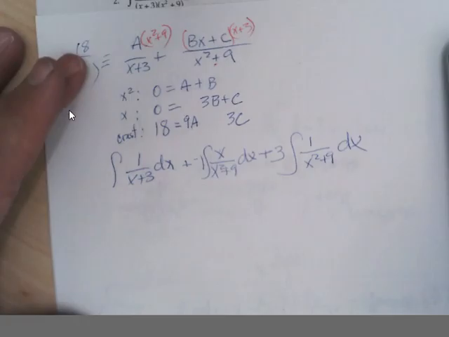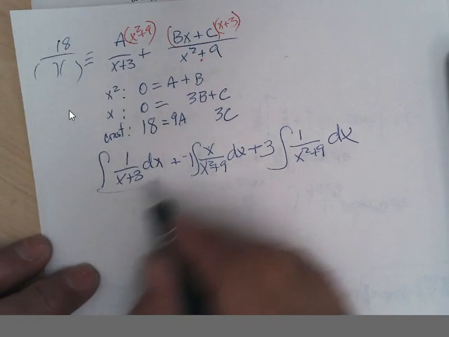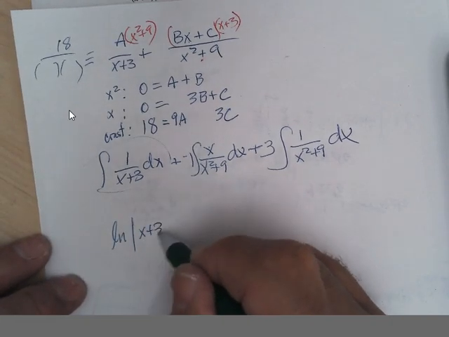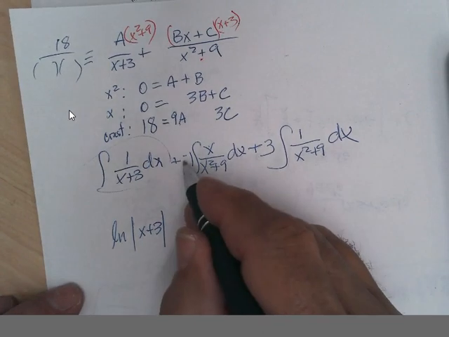Okay? This one is ln absolute value of x plus 3, minus 1.